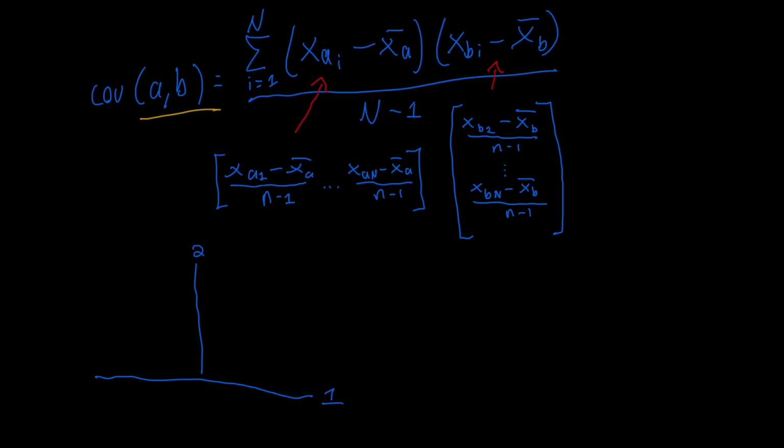So for A and B, A1 and B1 would be on this axis here, and then A2 and B2 would be on this axis here, and then there'd be many more as well, depending on how large our data is. And so we can put A and B in this graph here. This red one here is going to be A, and this green one here is going to be B.